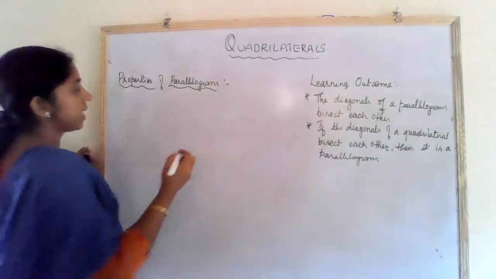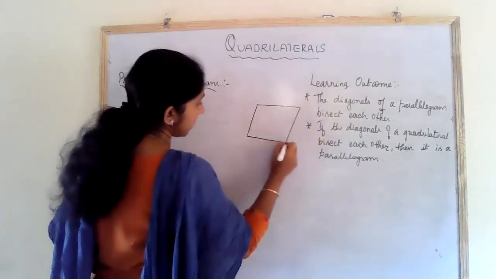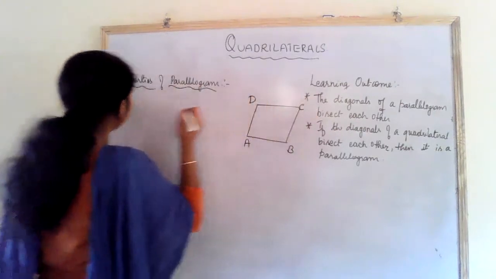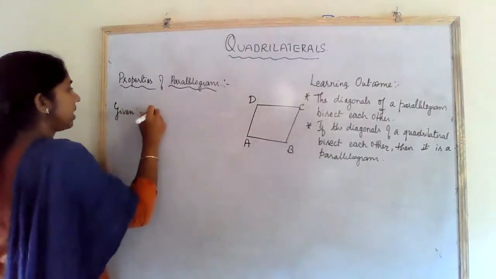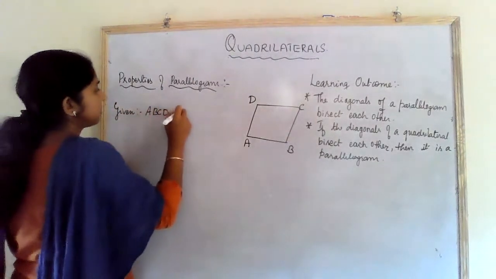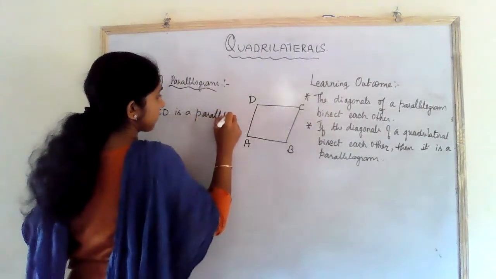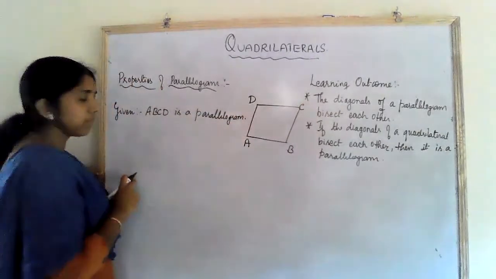So let us take a parallelogram. We know that by the definition of a parallelogram, it is a quadrilateral with opposite sides parallel. Given: ABCD is a parallelogram.